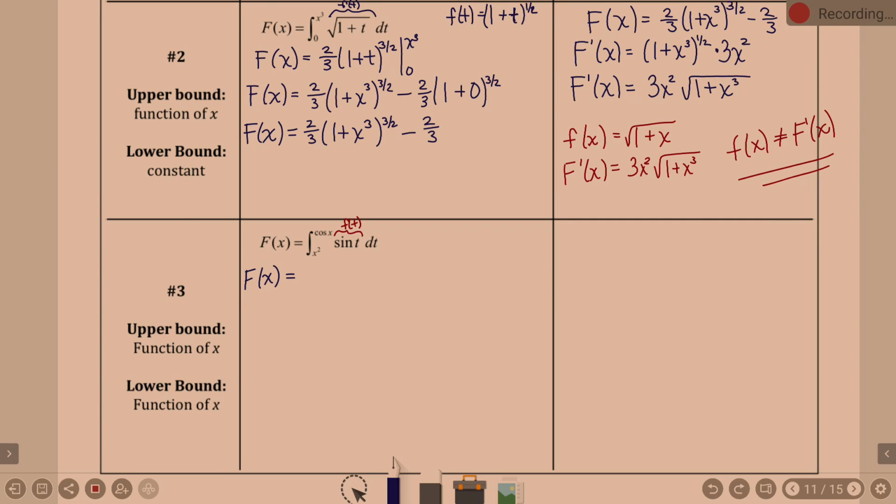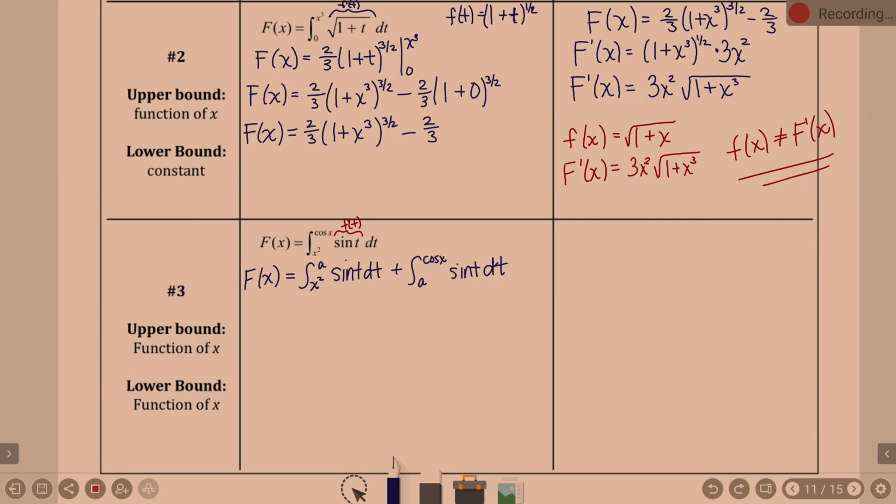So I broke this up into the integral from x squared to a of sine t dt, and then plus, since a is just a random number, the integral from a to cosine x of sine t dt.